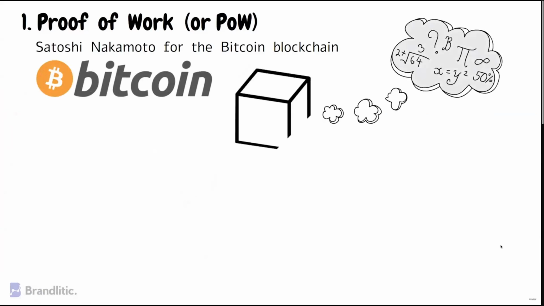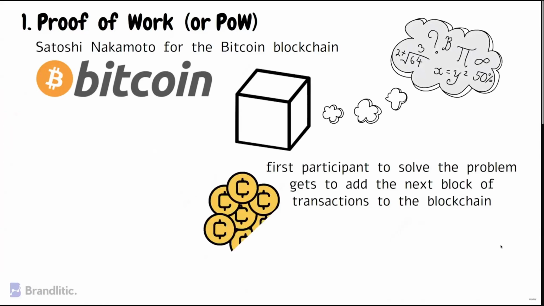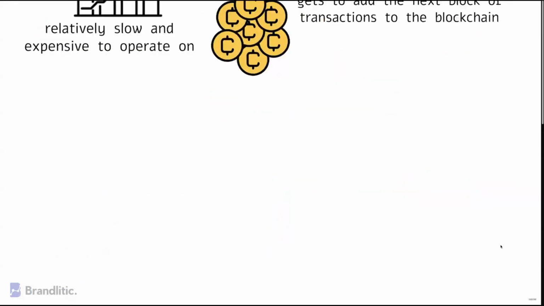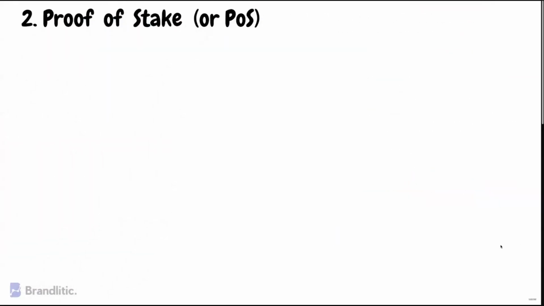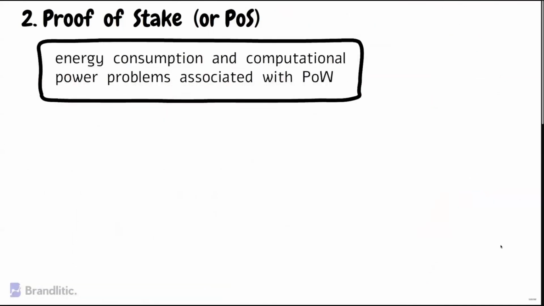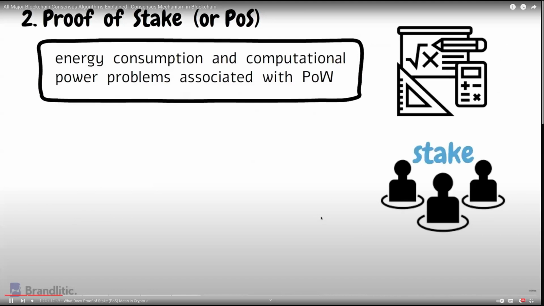The first participant to solve the problem gets to add the next block of transactions to the blockchain and is rewarded with a predetermined amount of cryptocurrency. This algorithm requires a large amount of computational power and energy consumption, which eventually makes it relatively slow and expensive to operate. Next, number 2, proof of stake or POS. Proof of stake is a consensus algorithm that aims to address the energy consumption and computation power problems associated with proof of work. That's why in proof of stake, instead of solving complex mathematical problems, network participants are required to stake a certain amount of cryptocurrency in the network.